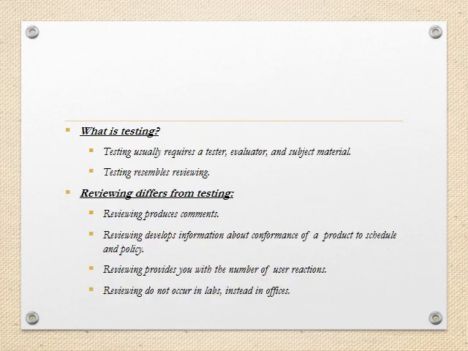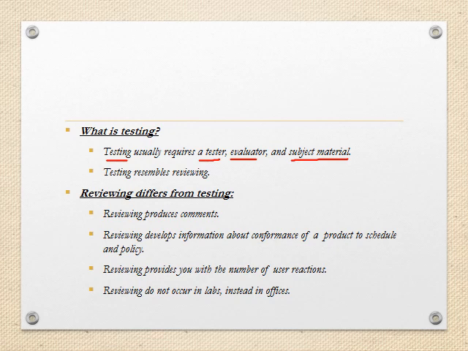What is testing? Testing usually requires a tester, evaluator, and subject material. These three things we call the components of test situations. A tester. Who are the testers? A tester can be a writer, specialist, or human factors. Who are the evaluators?